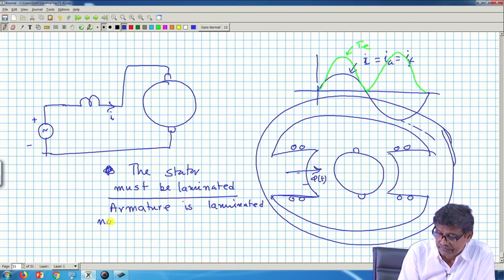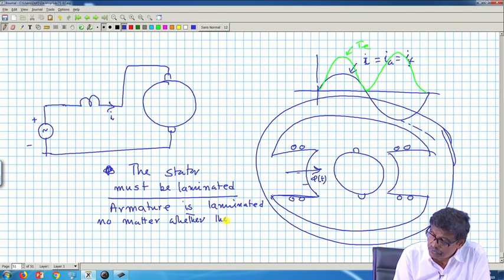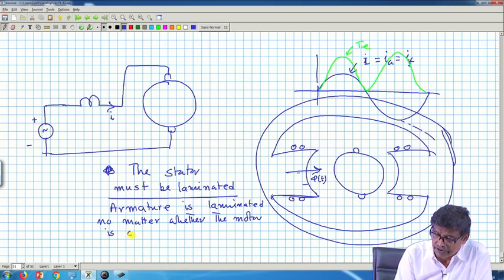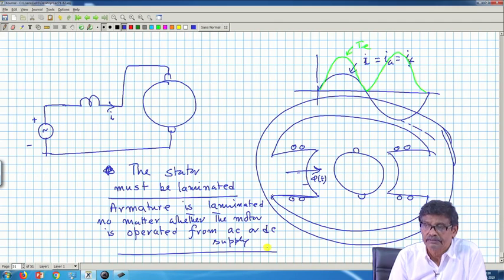No matter whether the motor is operated from AC or DC supply, it does not matter. That is the first thing we learn.